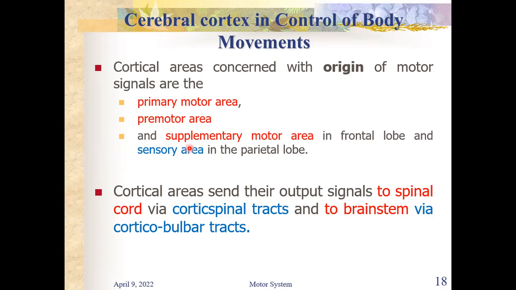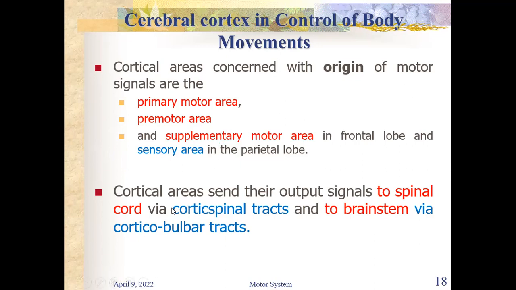You calculate, okay, if I walk from here to there, I'll climb those steps. So before the movement is even initiated by the primary motor area, premotor and supplementary motor area, the prefrontal area has already motivated the body, and it already has a foresight to plan and initiate the movements.